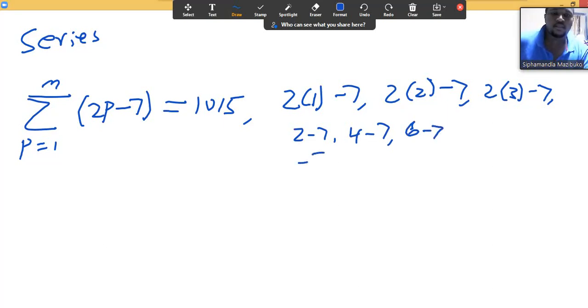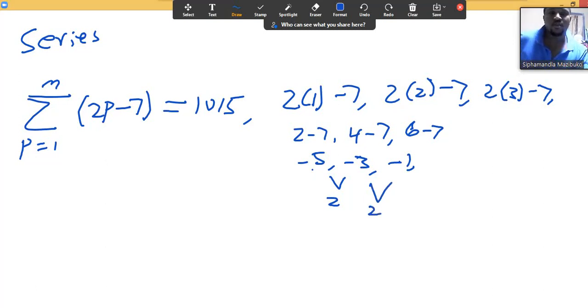Then this is minus 5, minus 3, minus 1. We need to find the difference. Minus 3 minus minus 5 is 2, and minus 1 minus minus 3 is still 2. So our difference is 2.